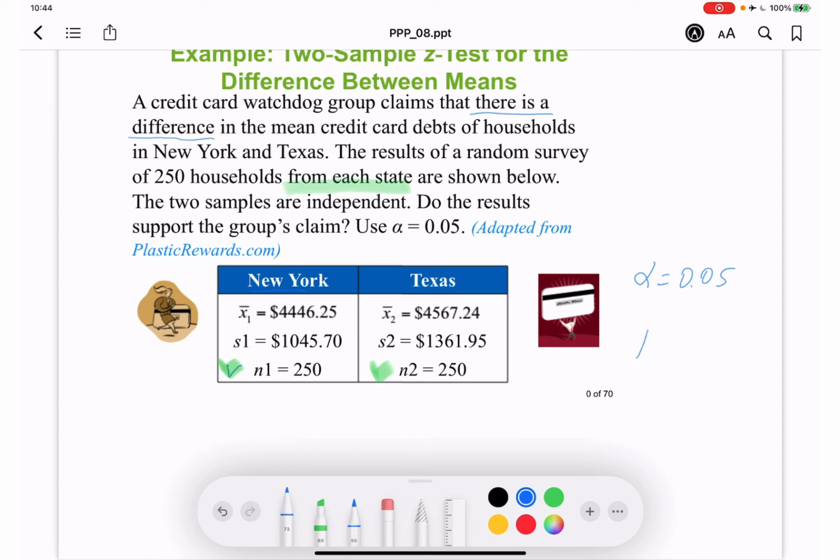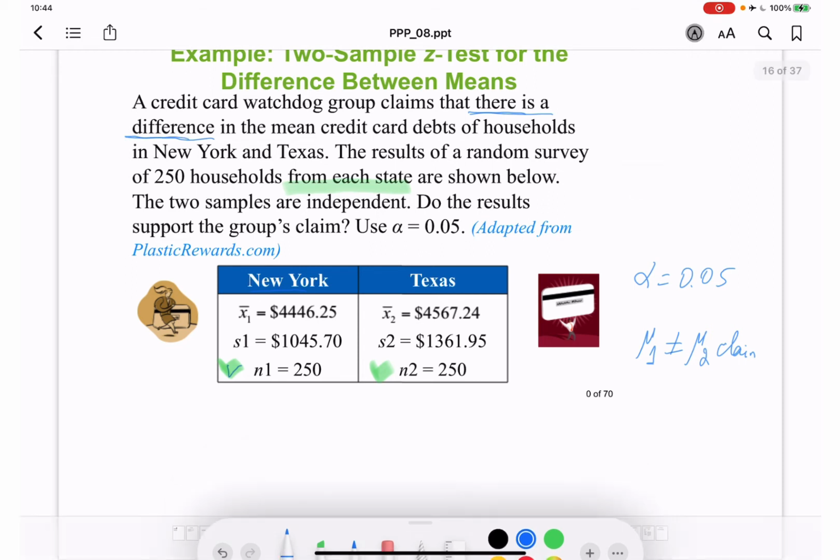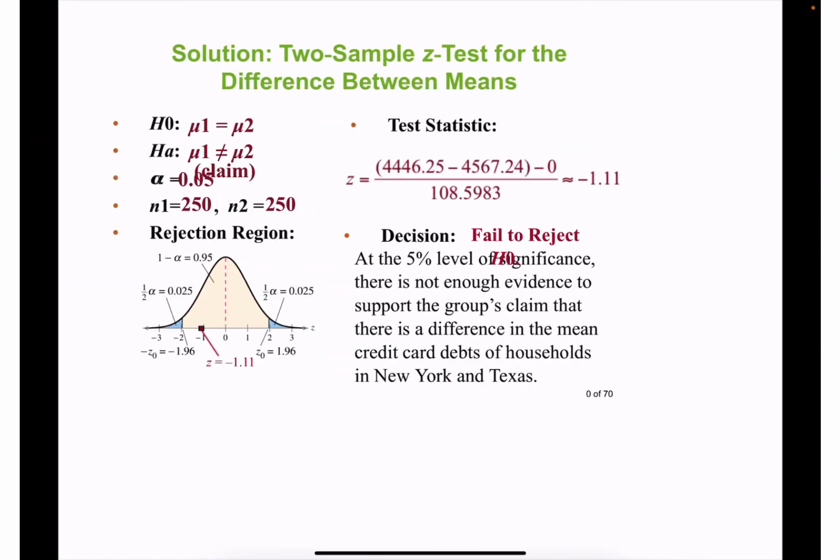So we are dealing with a two-tail test, and this is going to be our claim, which I underlined in blue.